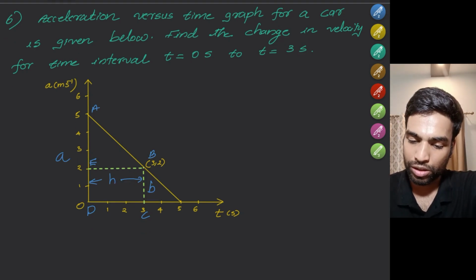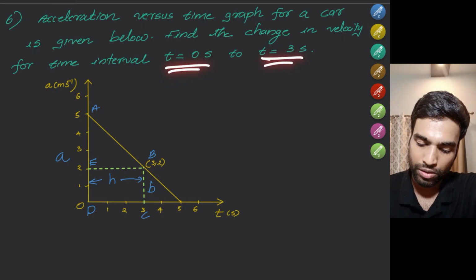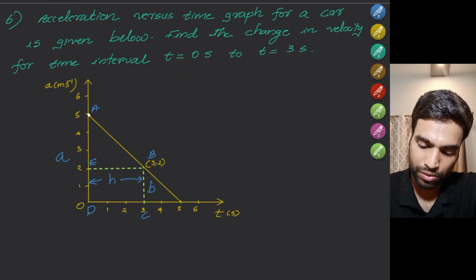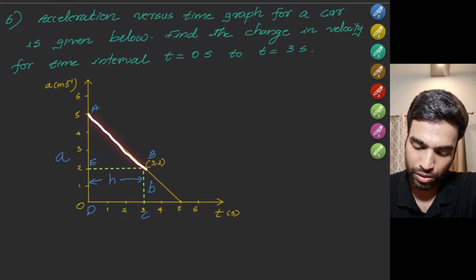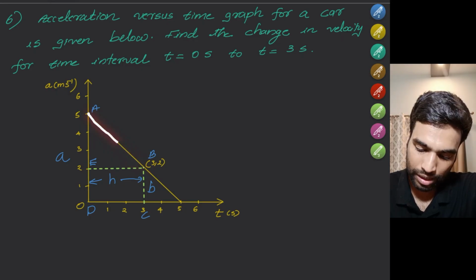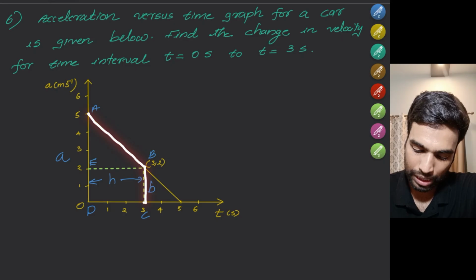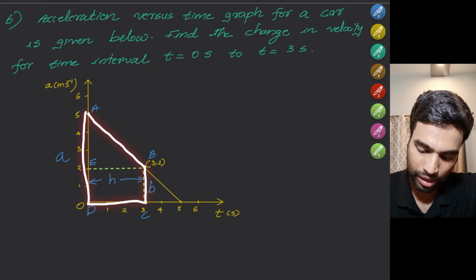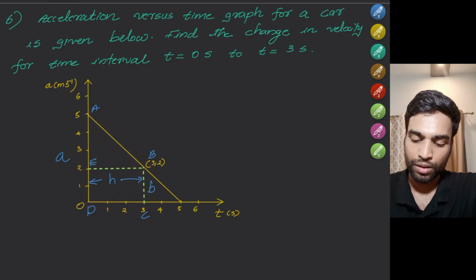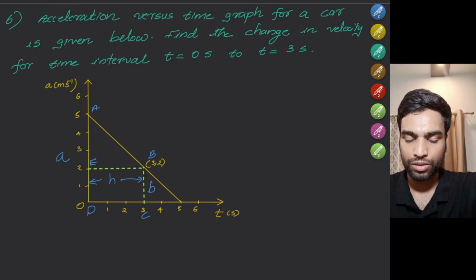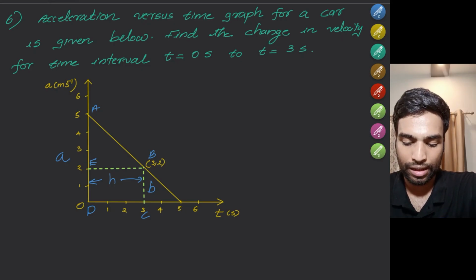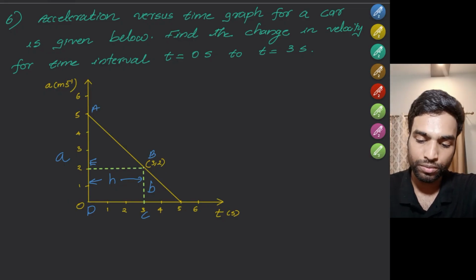So here the interval is nothing but t equal to 0 to t equal to 3. So the area under the curve is from A to B, and you can see that this area corresponds to the area ABCDA, right? And there are two methods we can use to find the area under this curve, basically the area of the trapezium.